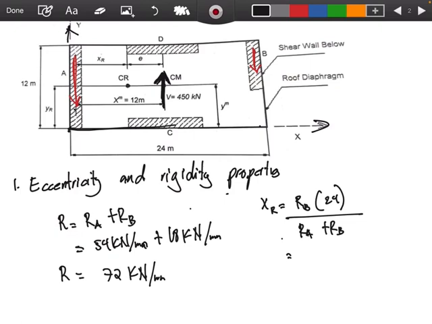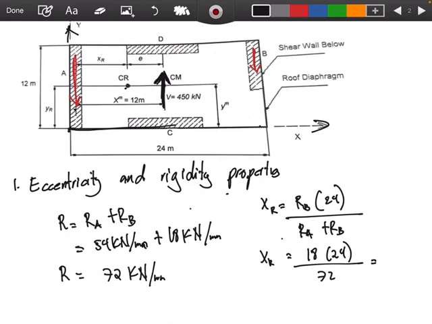So, RB lang yan. So, we should have RB times 24 divided by RA plus RB. Ano ba yung RB? 18 times 24 divided by 72. Yan yung location ng X sub R. Ito yung X sub R. Mula dito hanggang dyan.